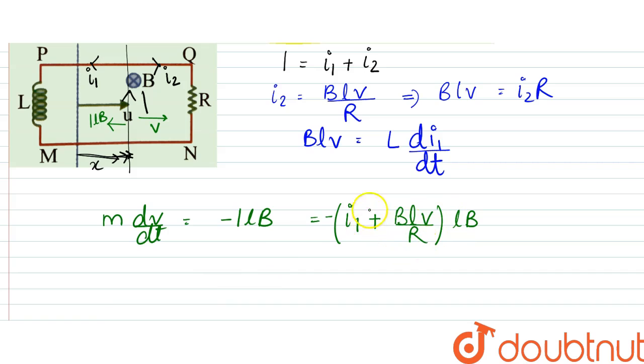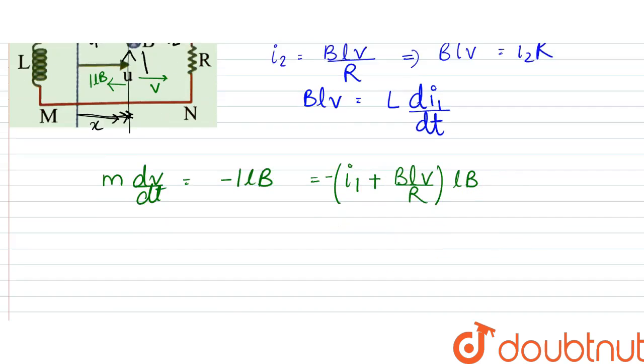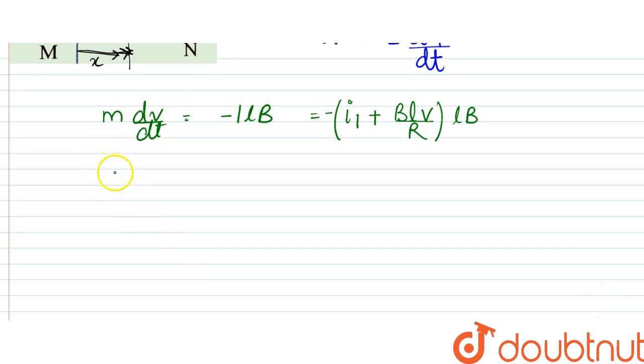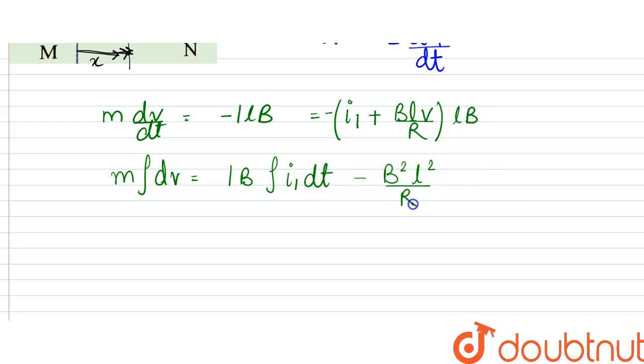Since this is the I2 and this is the I1, that is the summation of the total current I, into LB. So from here m integration of dv would be equal to LB integration of I1 dt, minus B square L square by R into integration of v dt.